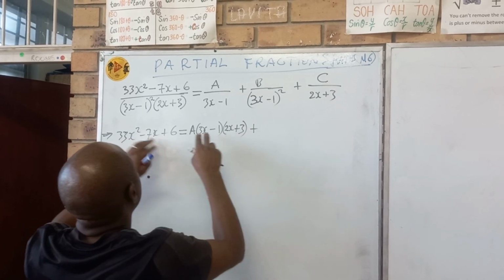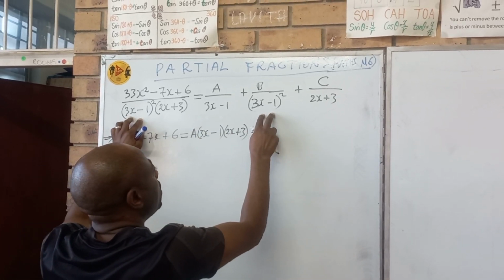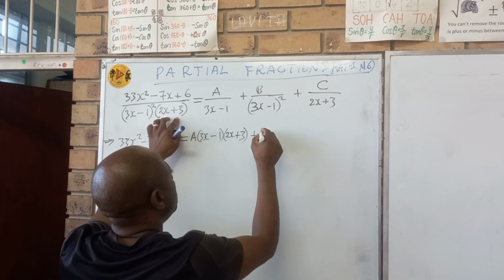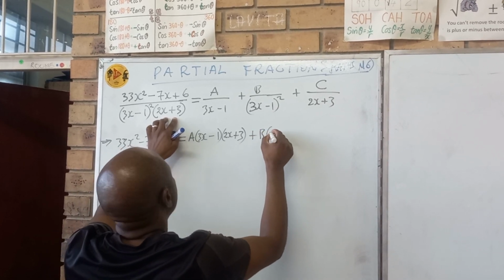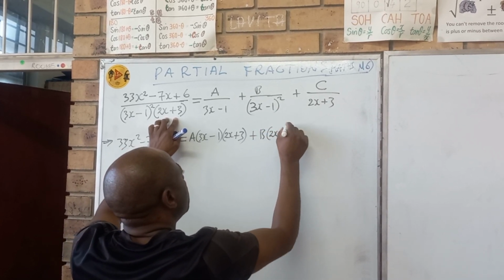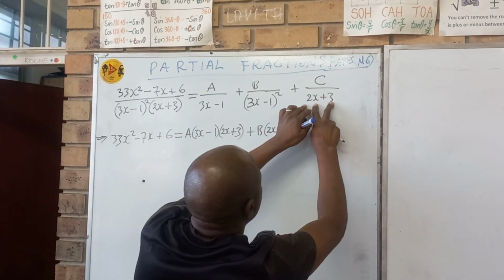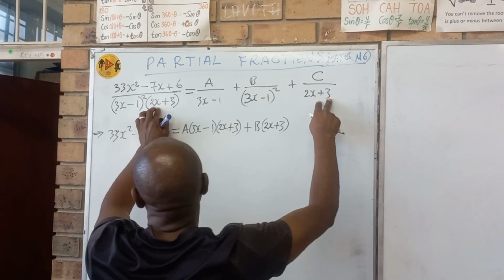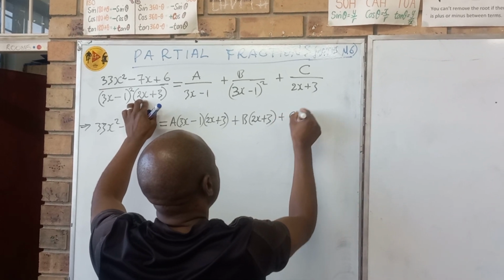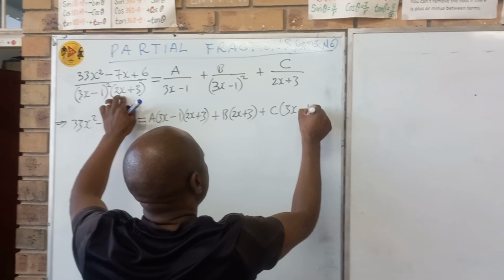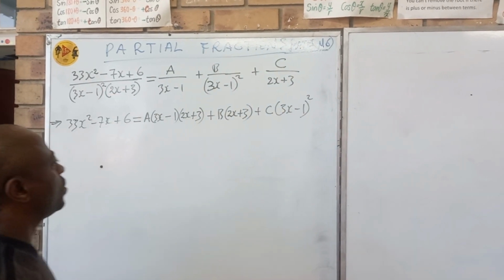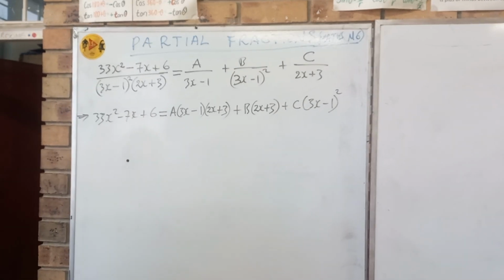Then plus, if I divide here, (3x minus 1) squared will take out itself, so I'm left with B into (2x plus 3). Then finally, if I divide that side, 2x plus 3 will take care of itself. I'll get C into (3x minus 1) all squared. So that is what we get.